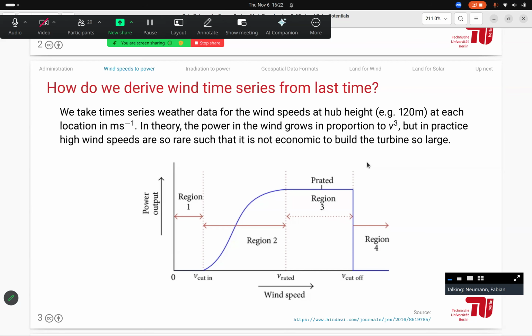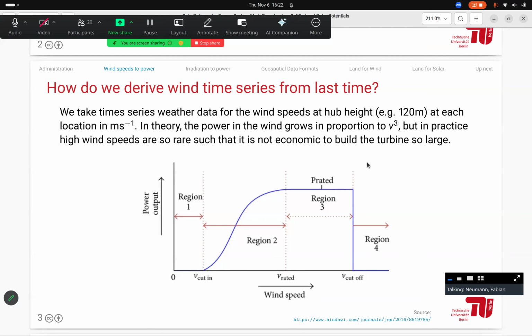But we always took these time series as a given, and they were given in some obscure values between 0 and 1. We established that these are capacity factors, normed to the rated power of the wind turbine. But I'm not sure if I mentioned it, but all of these time series that we looked at so far are modeled time series, and they're not historical observations of an individual wind turbine.